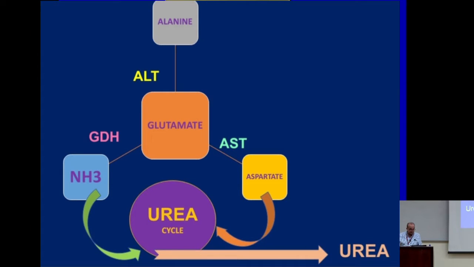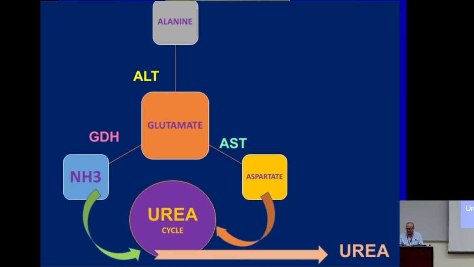As we just said with glutamate dehydrogenase, you're producing ammonia. That ammonia is not good if it lingers in the cells. Hence the importance of the urea cycle.